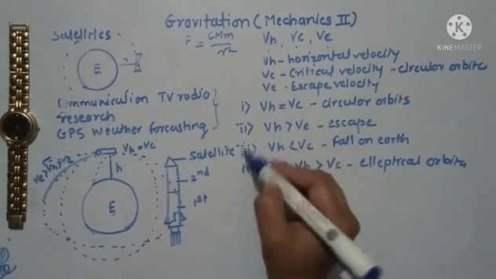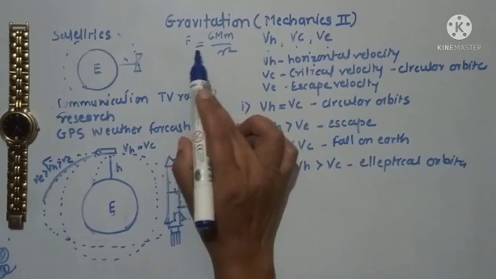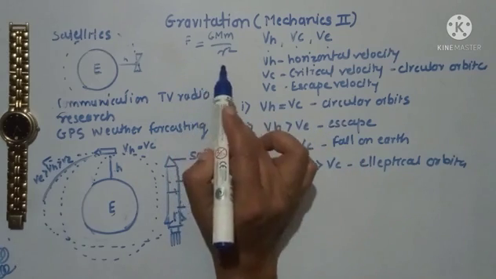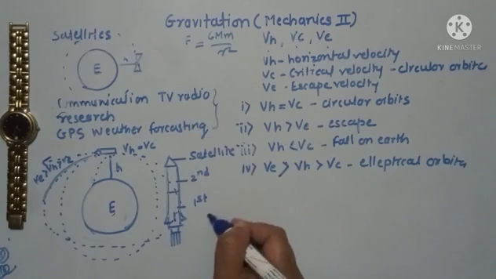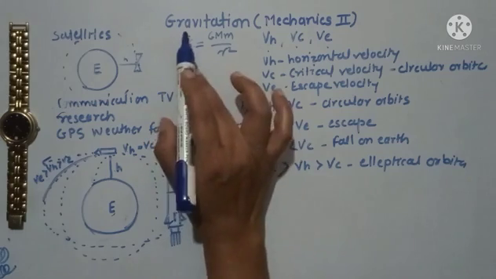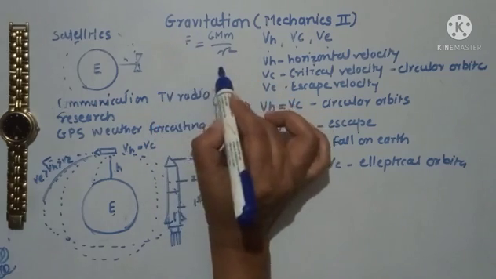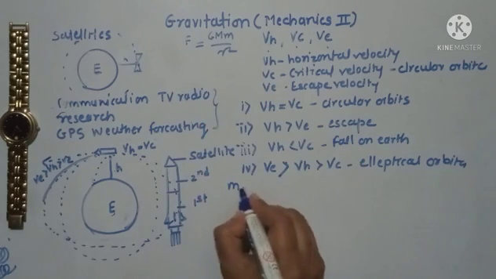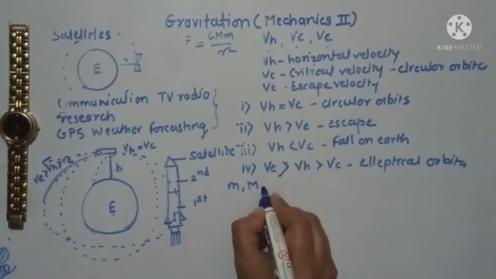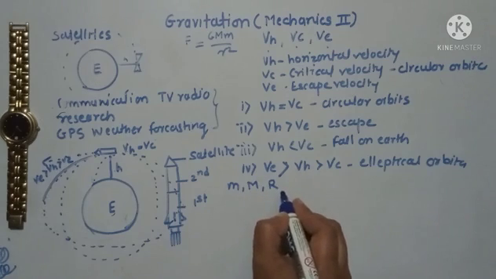And we know that all these calculations are coming from Newton's law of gravitation, and thus we can say that the launching of the satellite is completely the physical significance of Newton's law of gravitation. Suppose m is the mass of the satellite, capital M is the mass of the earth, and r is the radius of the earth.